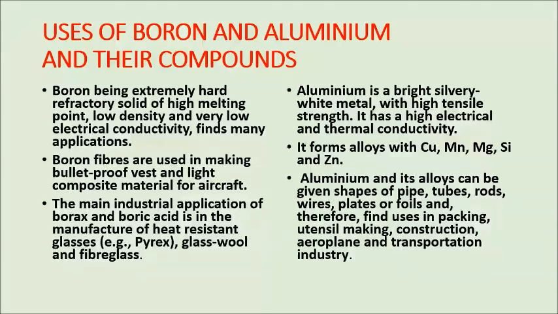There are many uses of aluminium, and even in the transportation industry we are using aluminium alloys. Vessels and utensils are there for household purposes. So there are many uses of aluminium as well as boron.